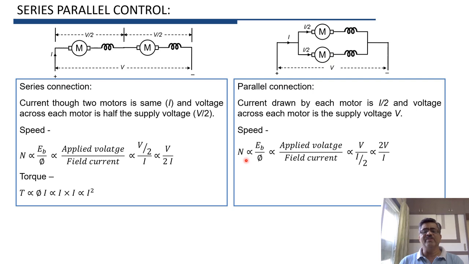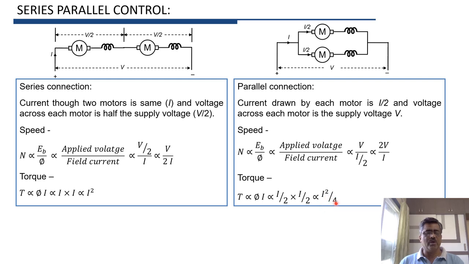And therefore, N is proportional to V upon I by 2, which is equal to 2V divided by I. And as torque is proportional to phi into I and phi is again proportional to I, and I is equal to I by 2, T is proportional to I by 2 into I by 2, which is proportional to I square by 4.